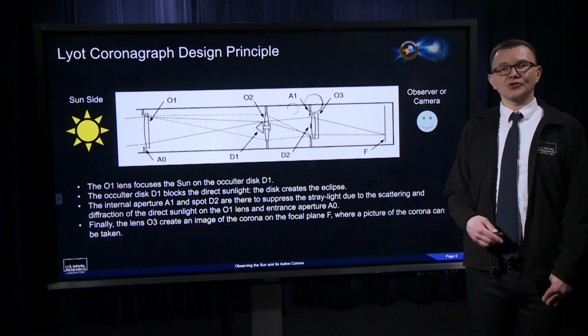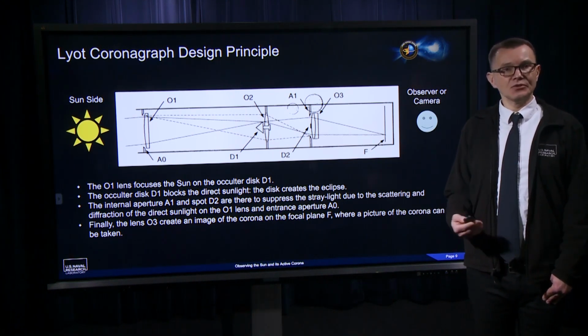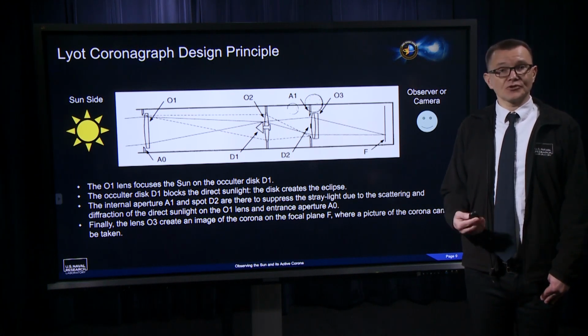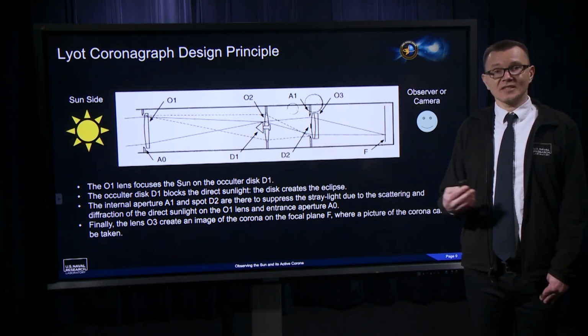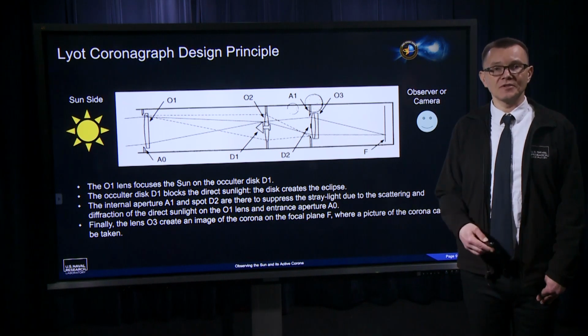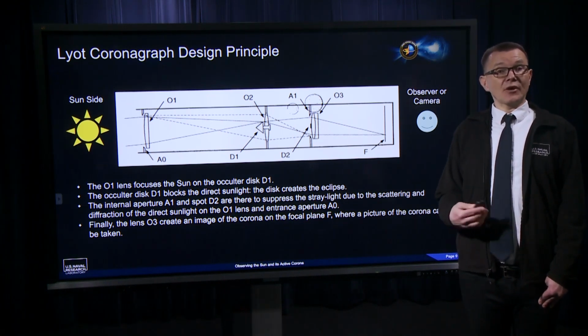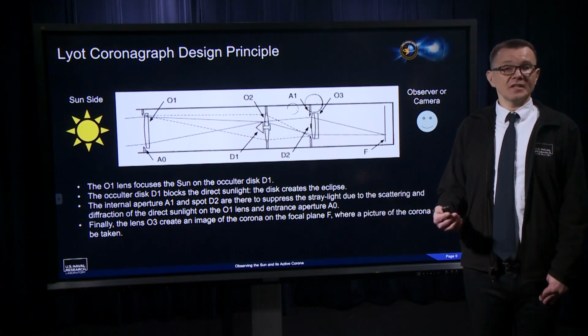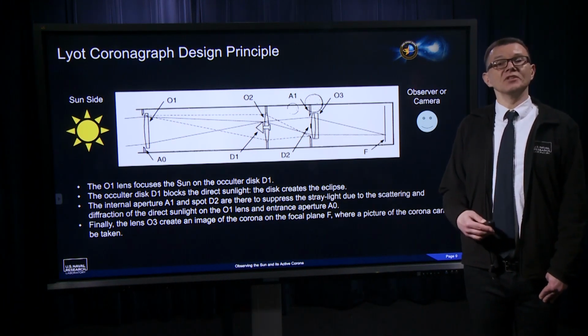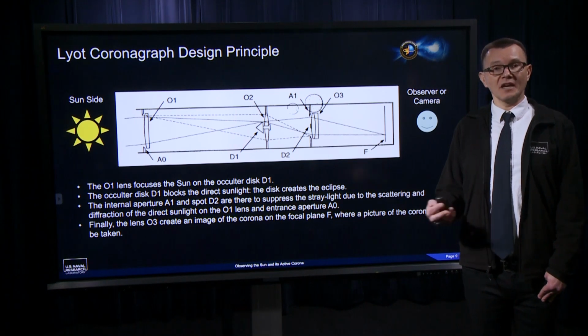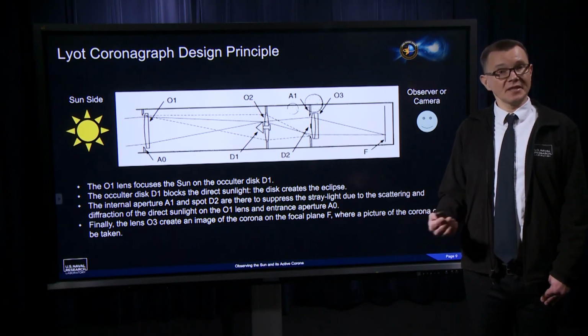The internal aperture A1 and spot D2 are there to suppress the stray light due to the reflections, scattering, and diffraction of the A0 aperture and O1 lens that sits in direct sunlight. Finally, the lens O3 creates an image of the corona on the focal plane F, where a picture of the corona can then be taken.